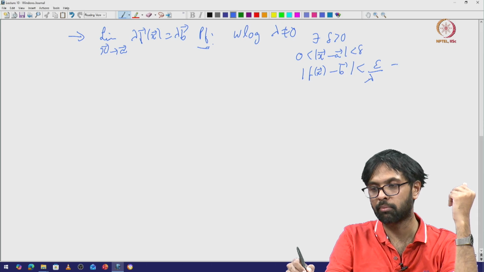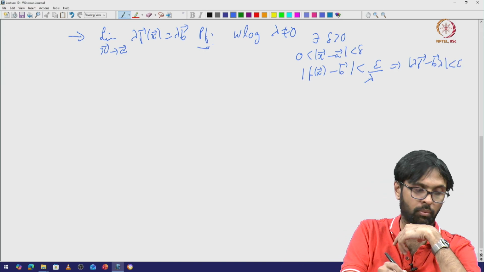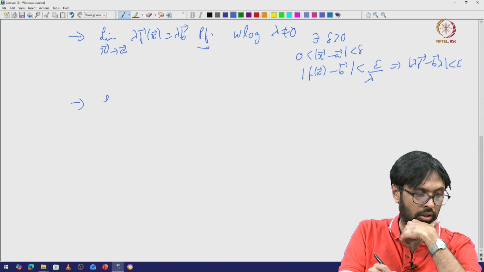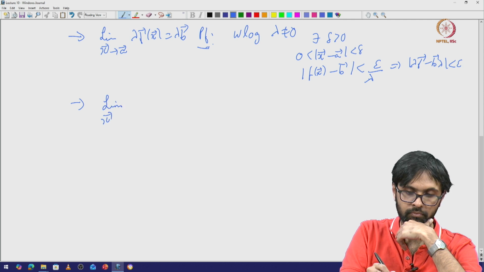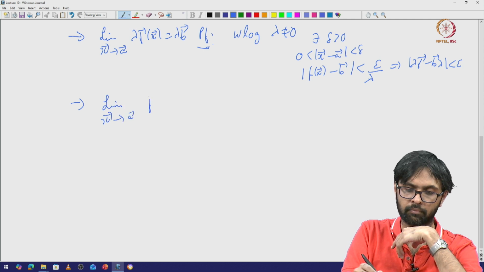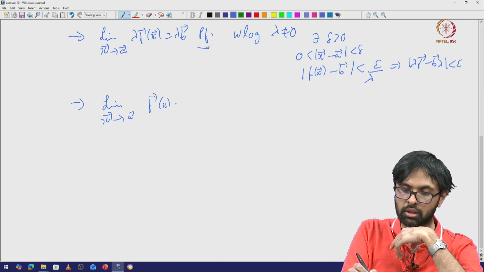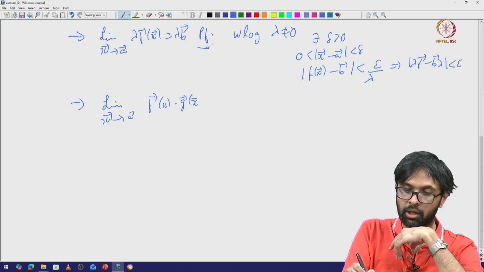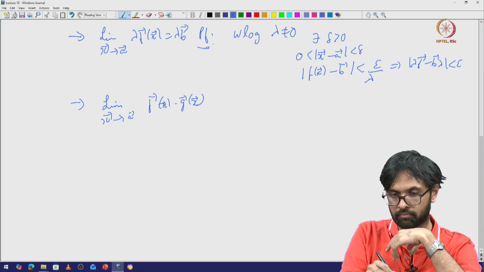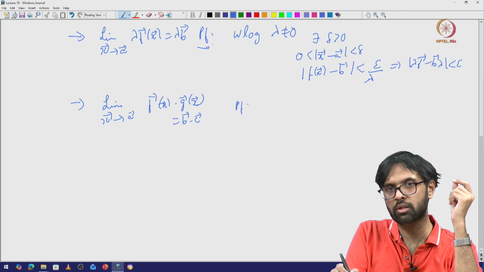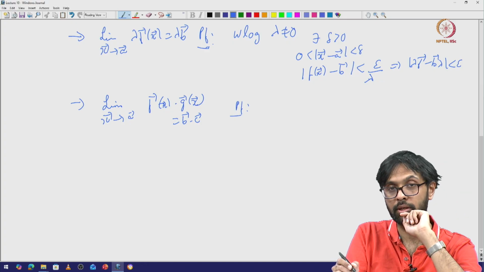So by multiplying by lambda on both sides, we get what we want. Okay, so it's very straightforward. What about this one? The dot product. This is also similar to your one variable calculus proof, except for a small little point.